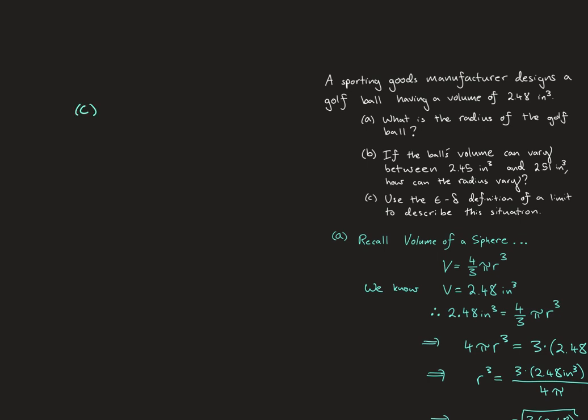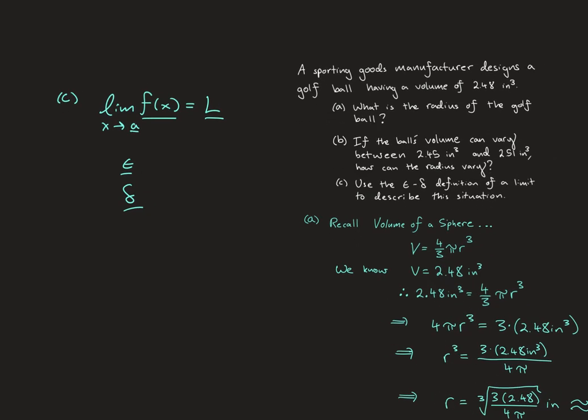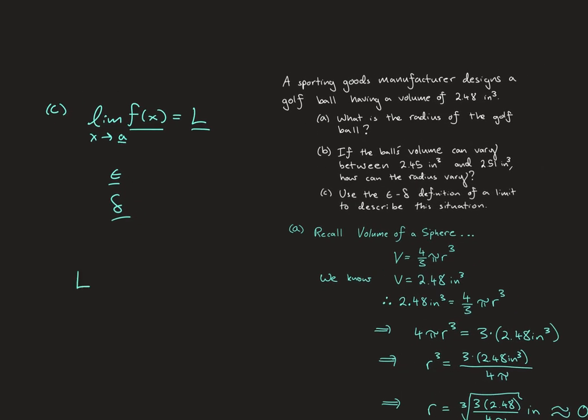So let's interpret this. We also have an epsilon in mind and a delta in mind. I think there is an analogous player for all of these pieces in this question, and let's go one by one.